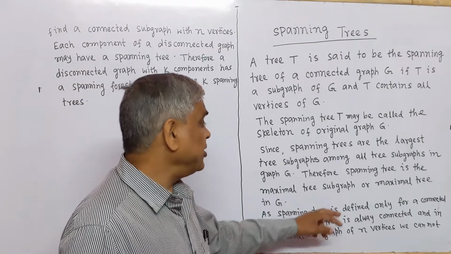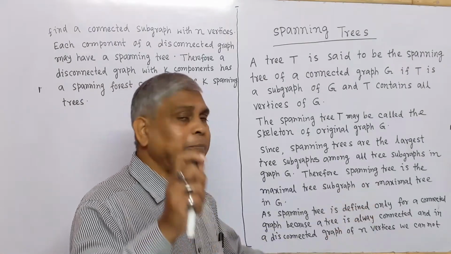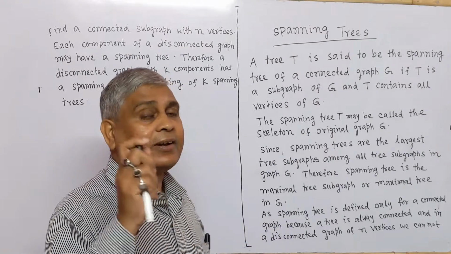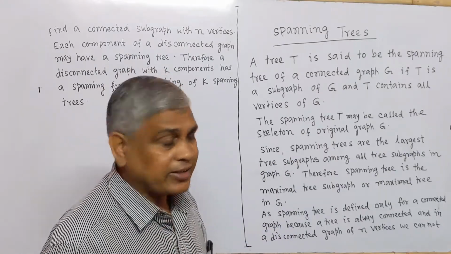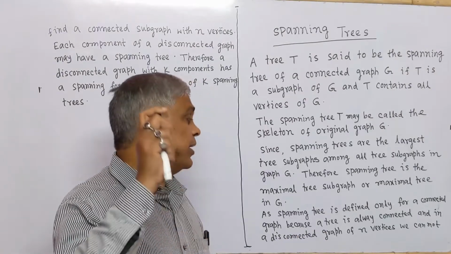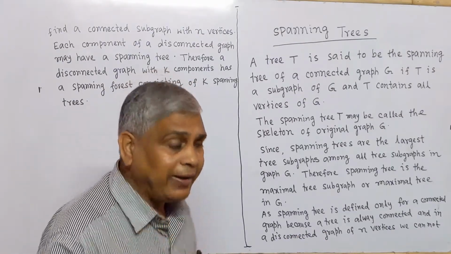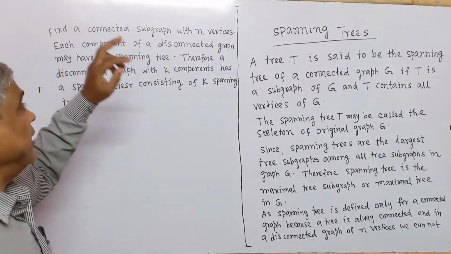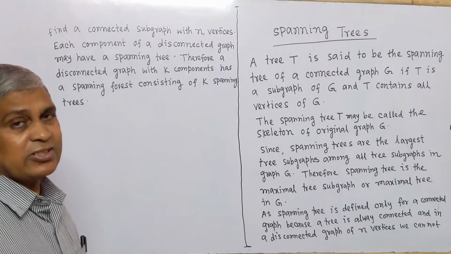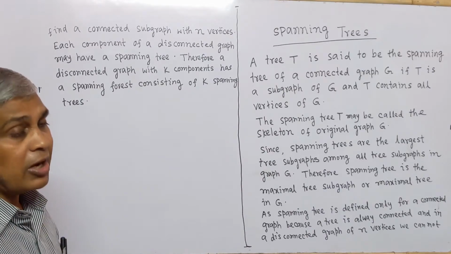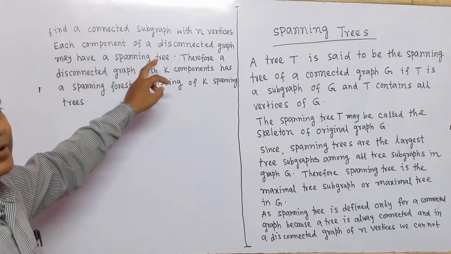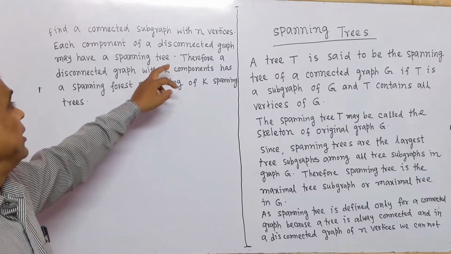Spanning tree is defined only for a connected graph because a tree is always connected, and in a disconnected graph of n vertices we cannot find a connected subgraph with n vertices. Each component of a disconnected graph may have spanning tree.